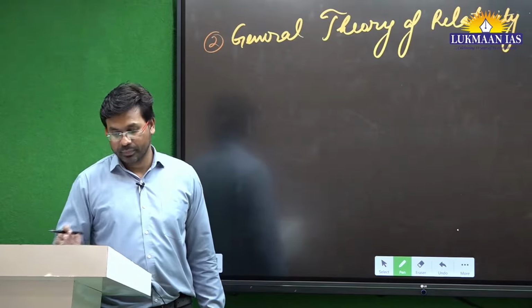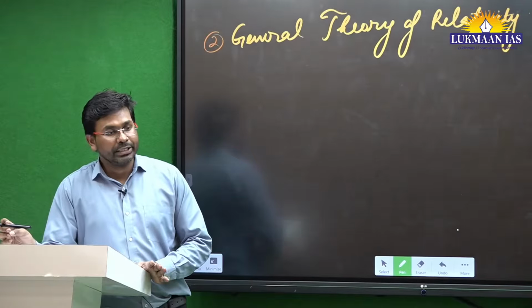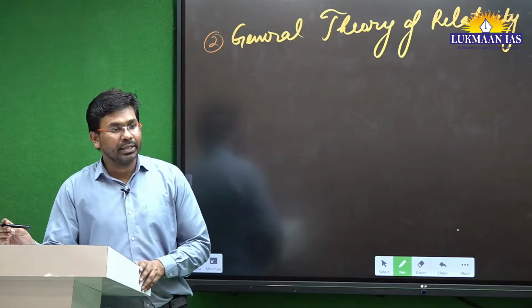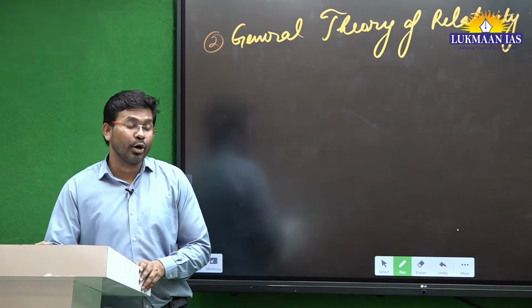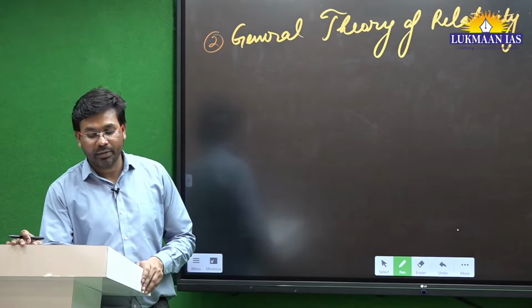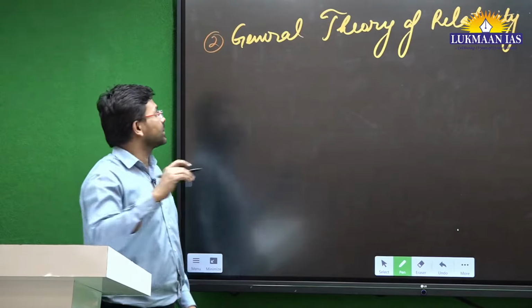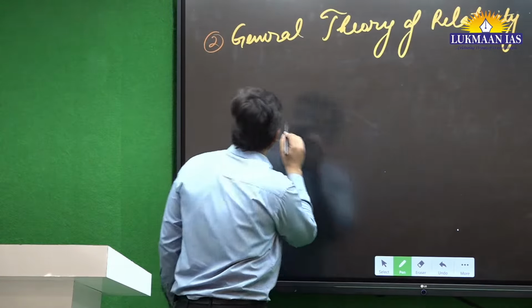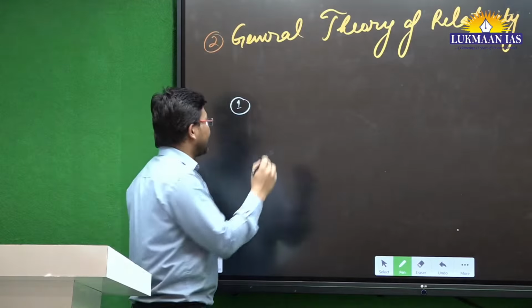Write down. The general theory of relativity, next paragraph. The general theory of relativity predicts several phenomena that have been observed and confirmed through experiments. Number 1, write down gravitational time dilation.